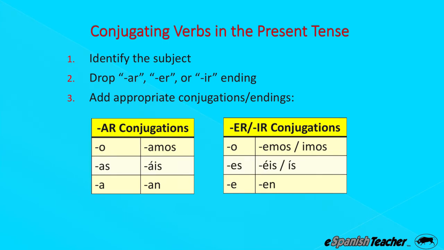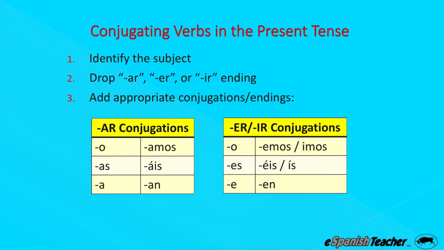So for AR present tense verbs, the conjugations are here on the left. For example, if tú is the subject, then AS is your conjugation. So you drop the AR from the verb infinitive and add an AS. Simple as that.